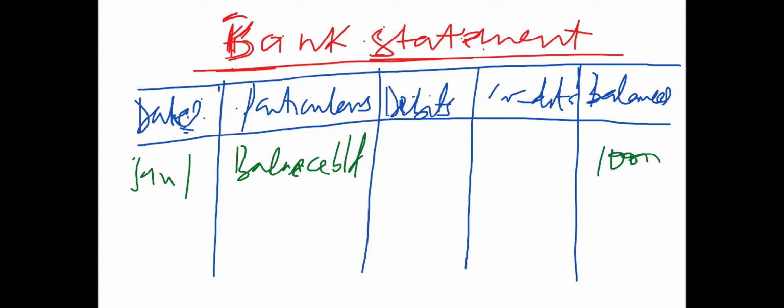Let's say we have 1,000 US dollars. Let's say all these are in US dollars, the currency. So once you start the transaction, maybe on 10th, we've gotten some customers who deposited some money. Let's say maybe Stuart.